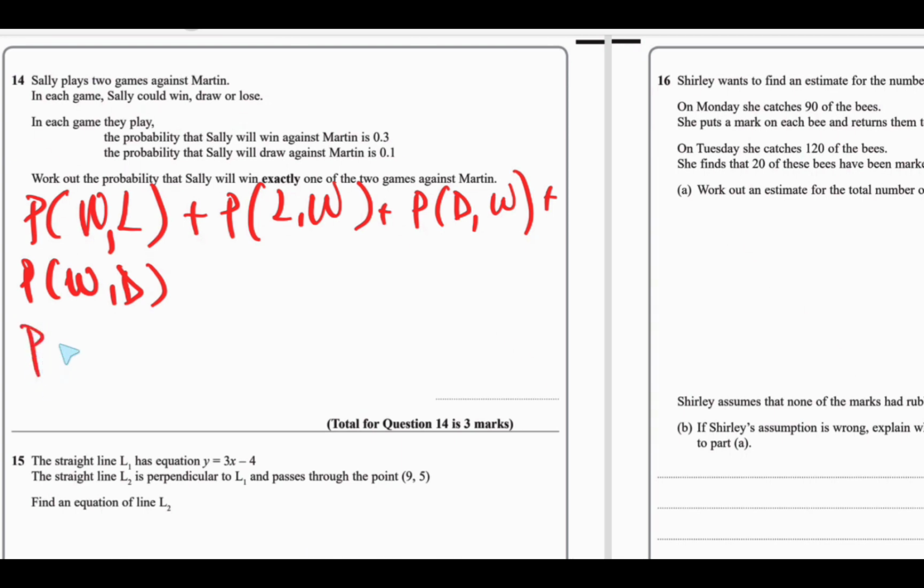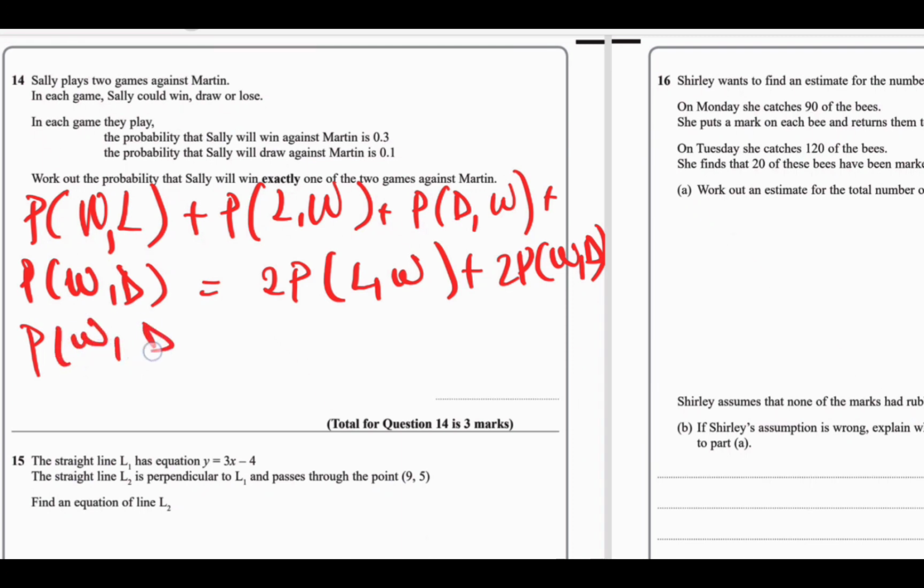So the probability, well, if I simplify this, I'm going to have 2 probabilities of losing and winning, and the order does not really matter if she won the first time or not, and 2 probabilities of winning and drawing. Okay, so now the probability of winning and drawing would be 0.3 times 0.1, that would be 0.03.